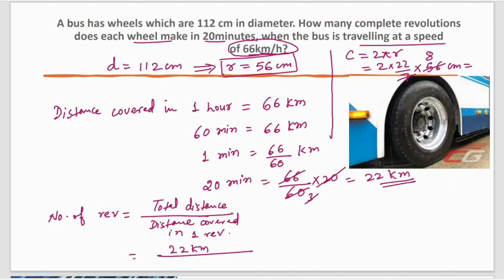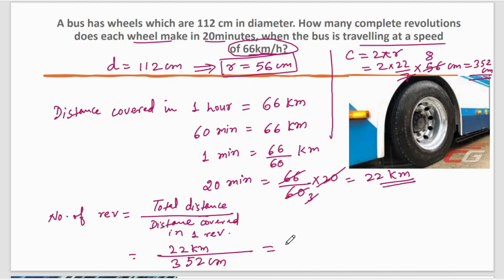The distance covered by the wheel in one revolution is 352 centimeter. Again, be very careful with the unit.